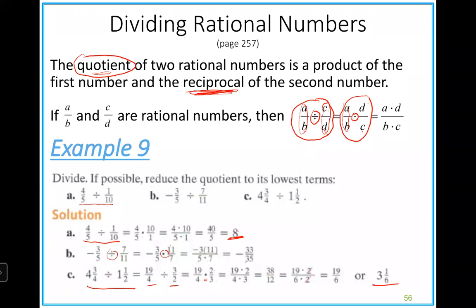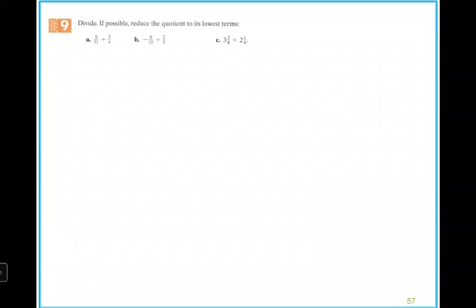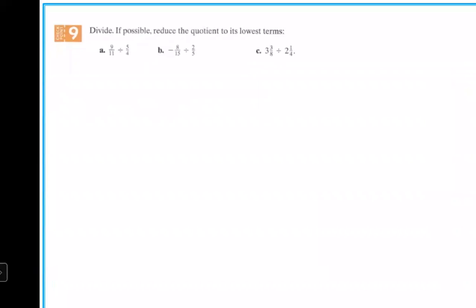The final answer there is 3 and 1/6. Okay, so the division requires you to follow the rules of multiplication after you invert the second fraction, or find its reciprocal. Okay, so let's look at these 3.